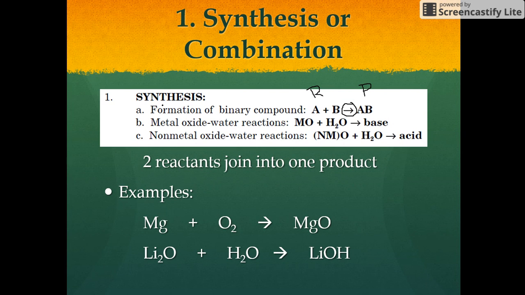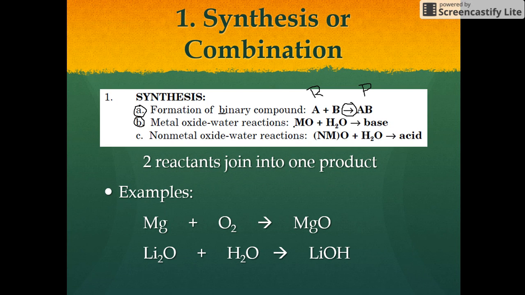So in synthesis, this option A says formation of a binary compound. Binary means 2. So it formed a 2-part compound. So A plus B, so A reacted with B and it formed AB. Right? So that's one way you can see a synthesis reaction. Part B, though, says metal oxide.